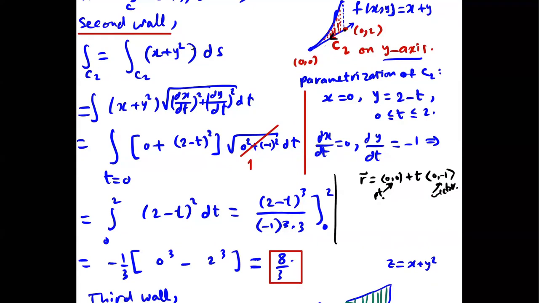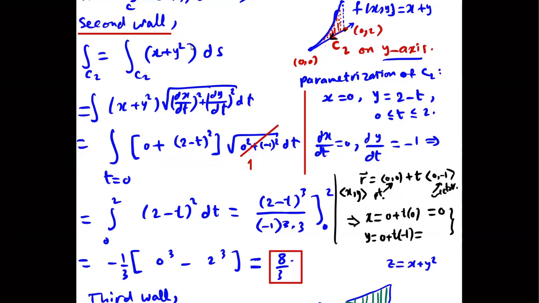Therefore, x equal, here r is the xy. Therefore, x is the first coordinate, 0 plus t times 0, so it's 0. We know this. The y-axis has Cartesian equation x equals 0. And y is, the other part, 0 plus t times negative 1.